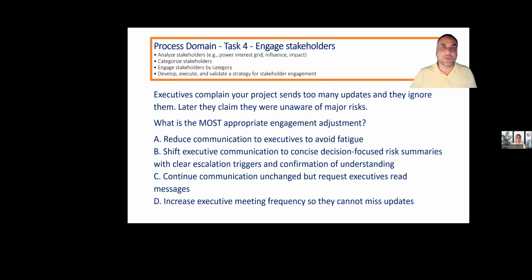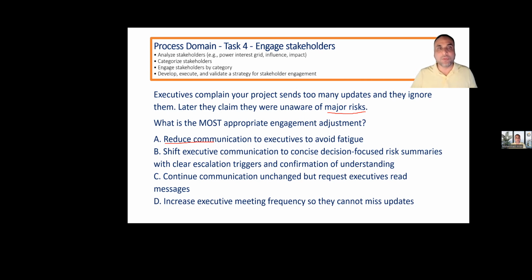Next, an executive complains your project sends too many updates and they ignore them. Later they claim they were unaware of a major risk. What is the most appropriate engagement adjustment? Reduce communication will solve the problem, surely.